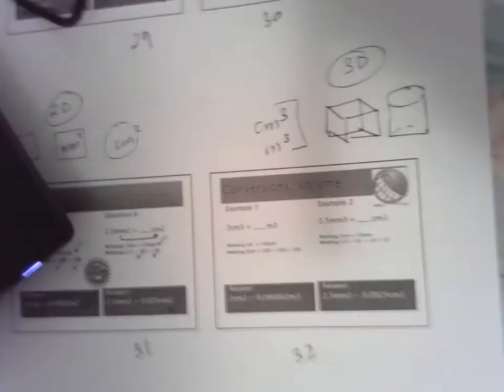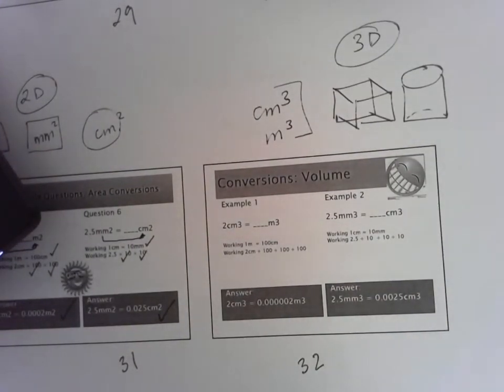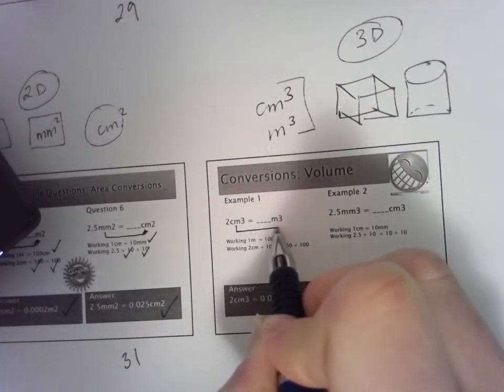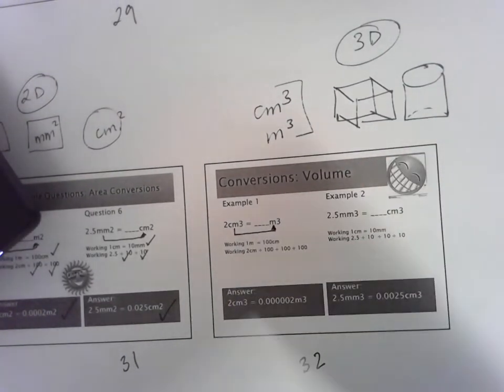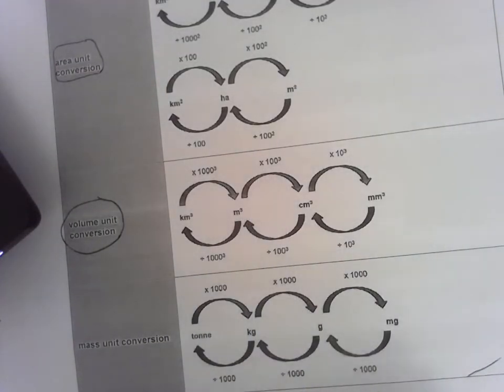So, 2 centimeters cubed going to meters cubed, centimeters to meters. I would go to my rule sheet. Again, if you want to have a look at this flowchart, it's the same thing.